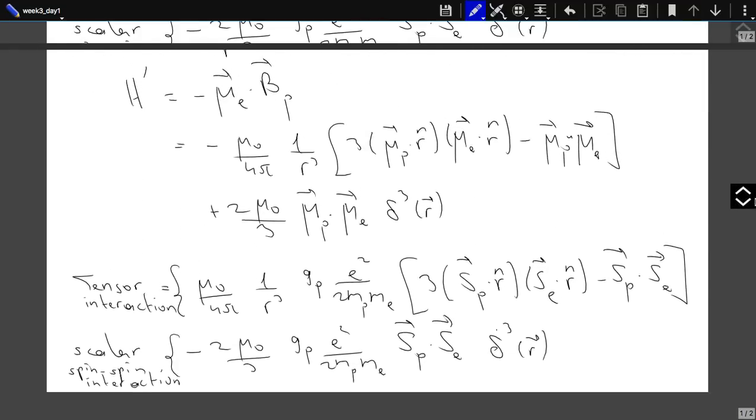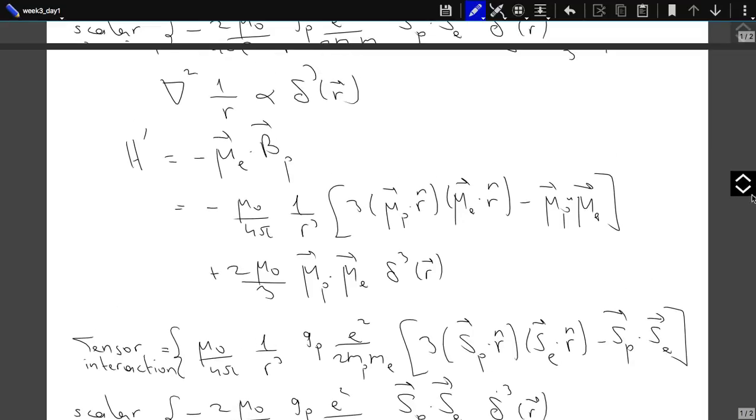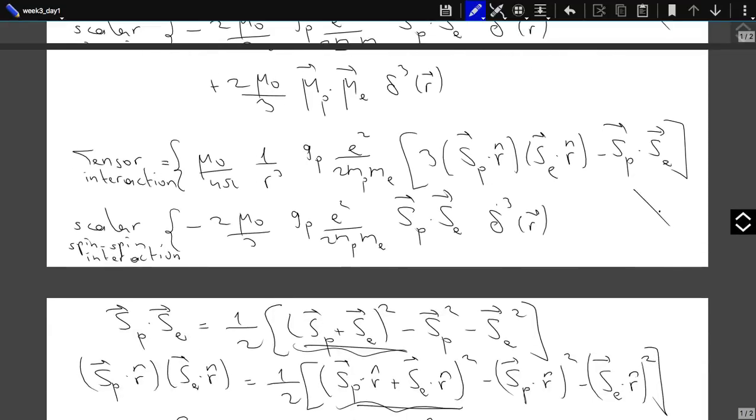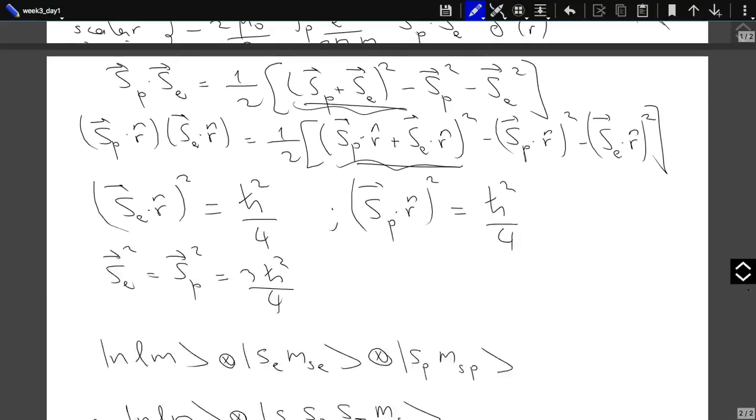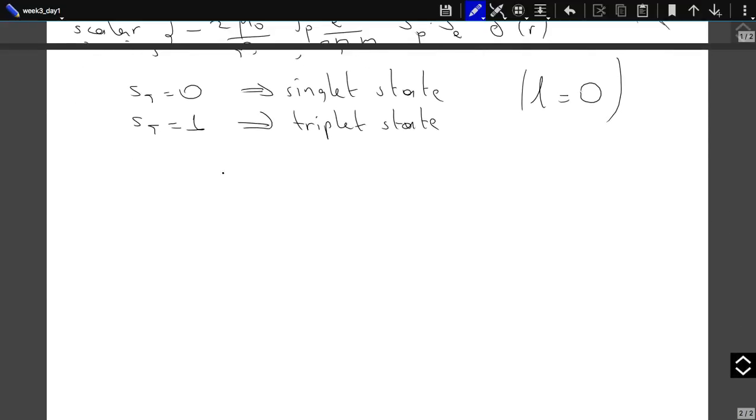Well, you will see, it will be an exercise for you to calculate the matrix element of this one for, let's say, L is equal to 1, the possible matrix elements. For L is equal to 0, it is kind of easy because it's E dot R hat, SP dot R hat times 3 minus SE dot SP.